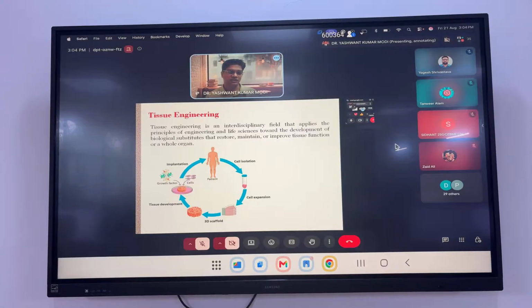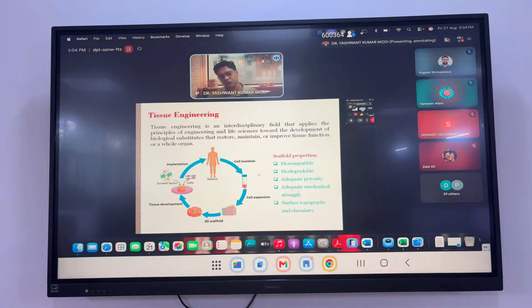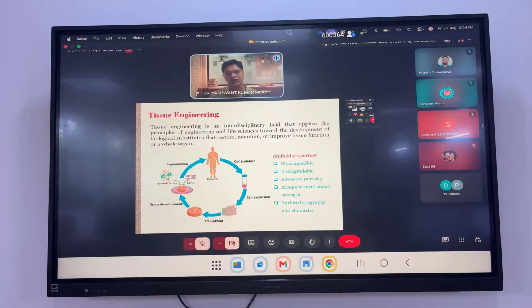In in vivo cases, we directly insert the scaffold inside the human body at the affected area and let the bone cells or any other type of cells grow on this scaffold. After some time, the patient recovers, and the cells grow completely onto this scaffold. So this way there are two ways, in vitro and in vivo tissue engineering.